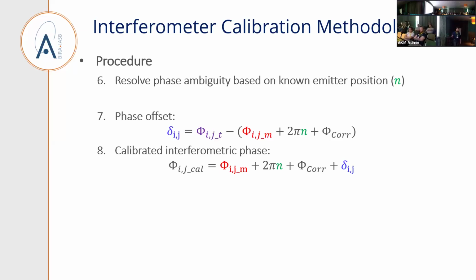And then we can perform this equation here to calculate the phase offset we are interested in. So we have discrepancies between the measurements, even unwrapped, and the theoretical values due to system errors. And then in the end, we can calculate the calibrated phase that we use to identify where the object is.